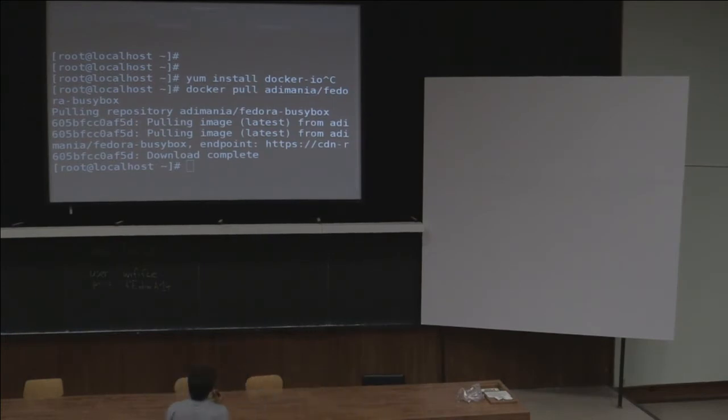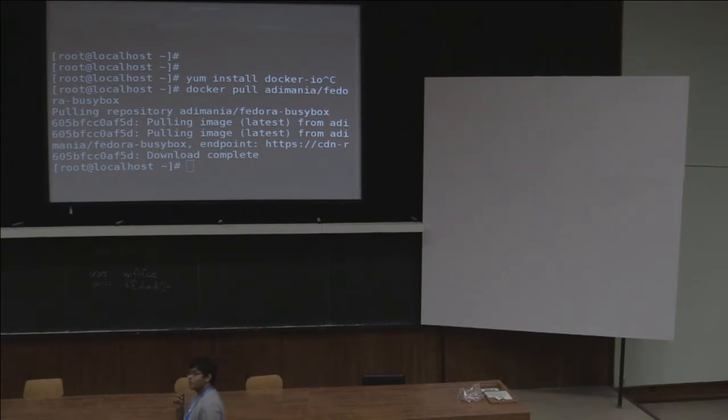So Docker has a convention. All the repositories which are maintained by the Docker guys, which are official, do not have this convention. Like mine is admania/fedora-busybox. This signifies that this is not an official repository. It's a user repository: the username admania, slash, the image name.